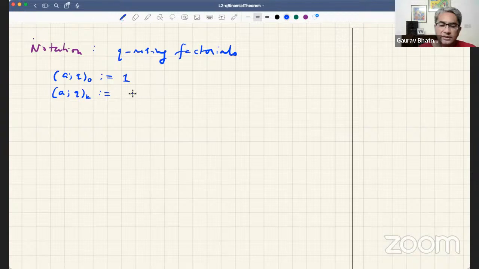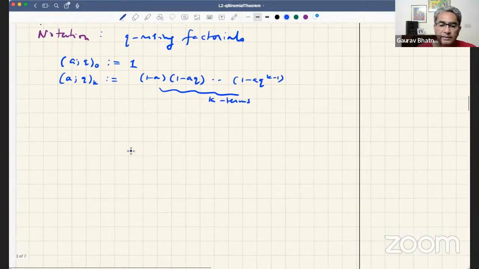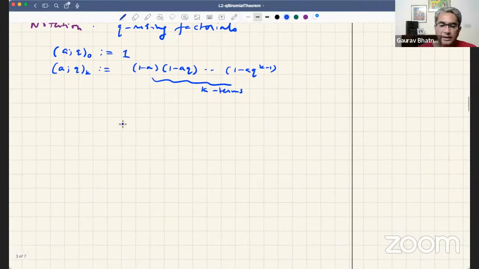For k bigger than 0, it was (1 minus a)(1 minus aq) and so on till (1 minus aq to the k minus 1), and there are k terms here. We usually just use the product notation and write it like this: the product of (1 minus aq^j). This is called a q rising factorial, and we also use this notation when k is equal to infinity.